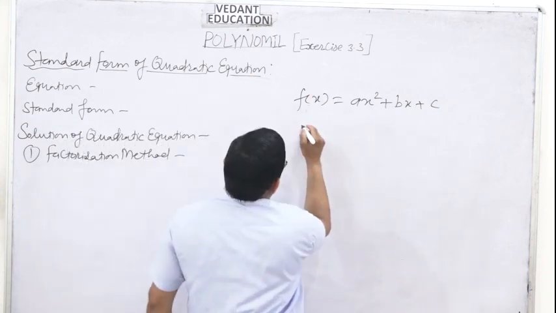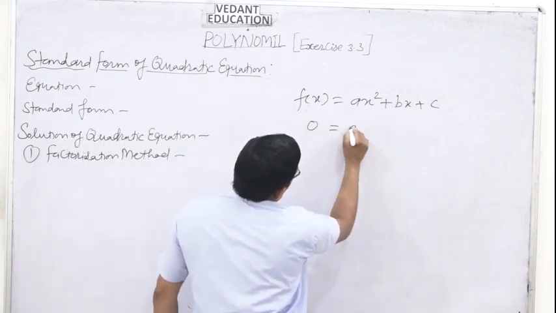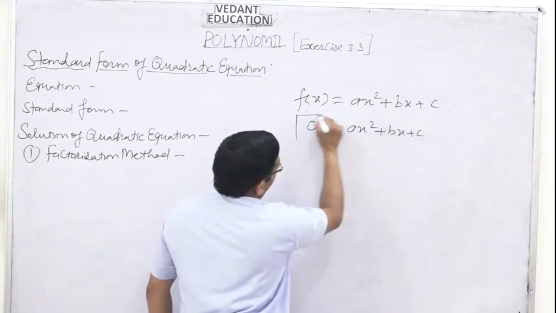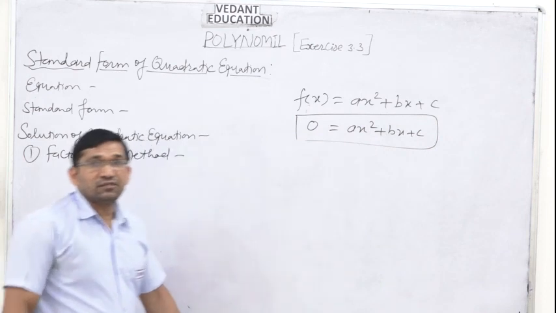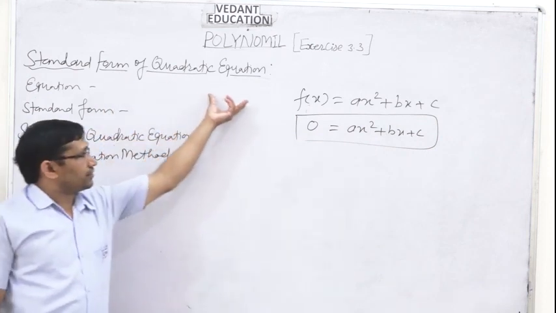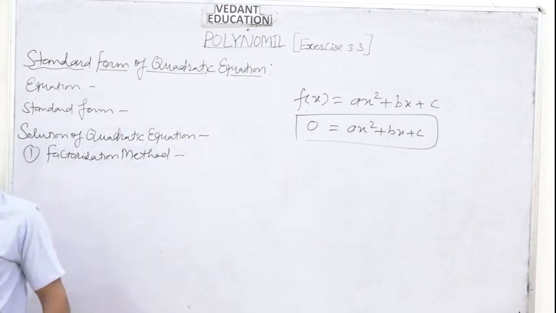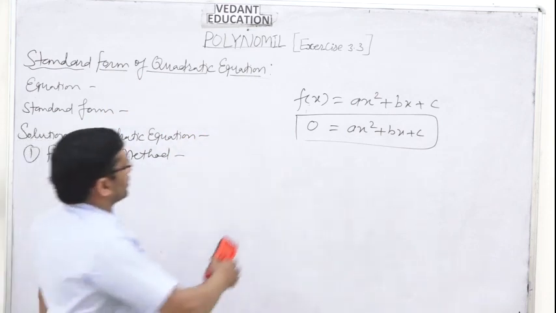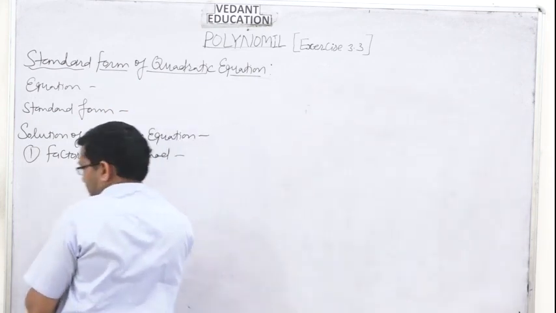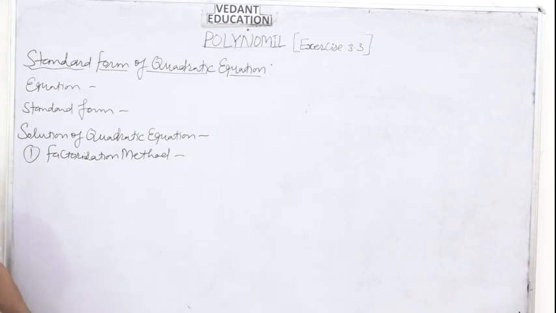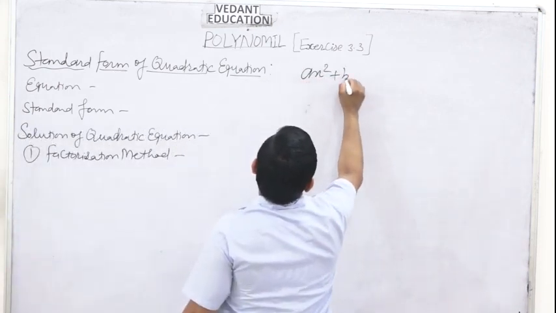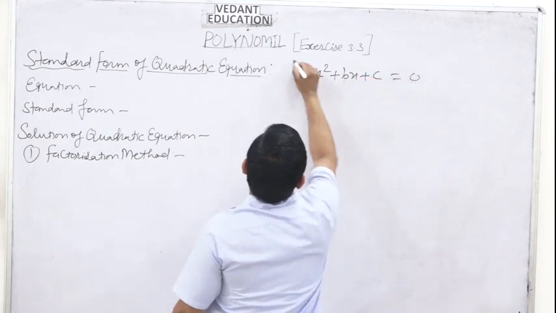If f(x) is equal to 0, then ax square plus bx plus c is equal to 0 is known as standard form of quadratic equation.